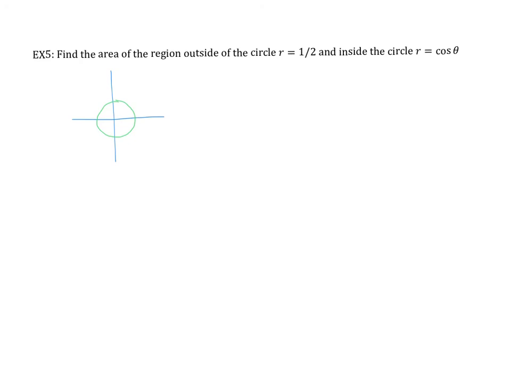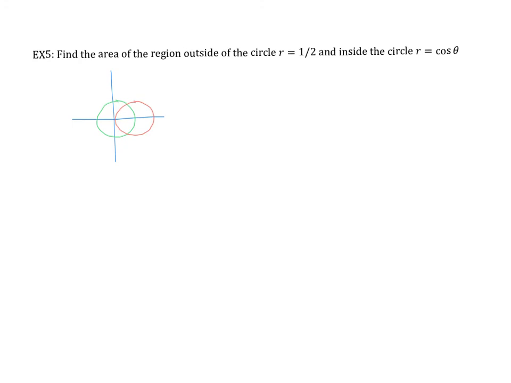And r equals cosine of theta, I'm going to do this in a different color. So r equals cosine of theta is a circle here. So it's going to be the region outside of the green circle, but inside of the red circle.